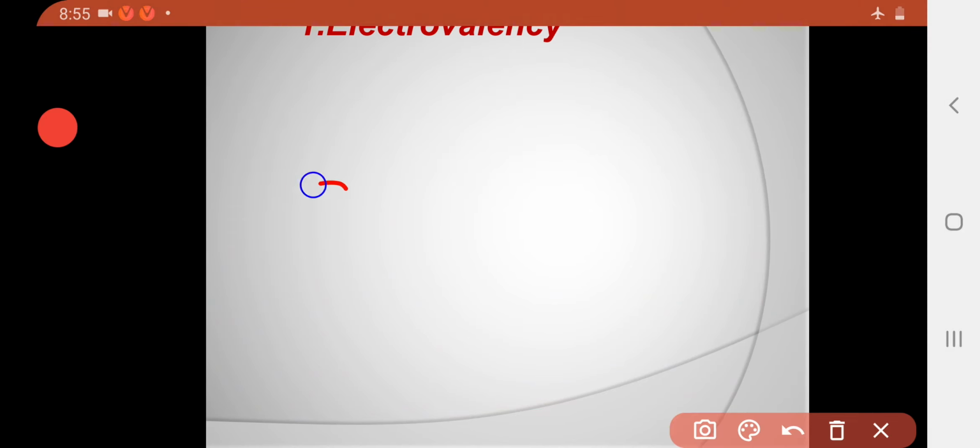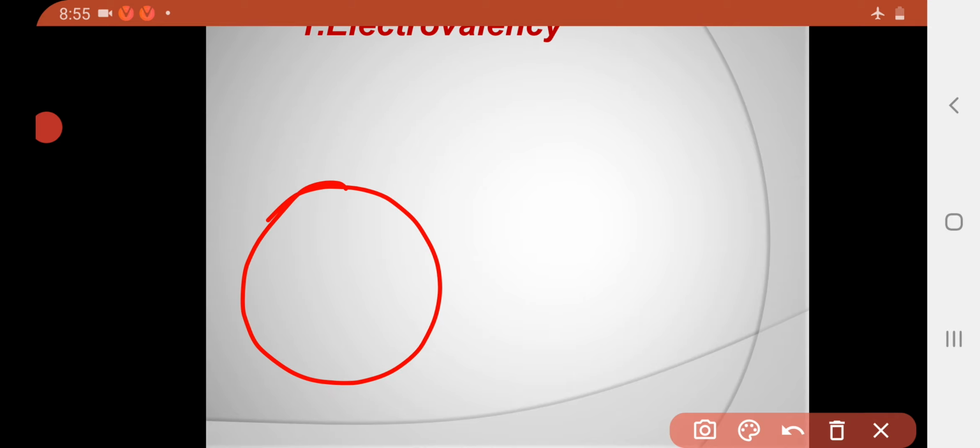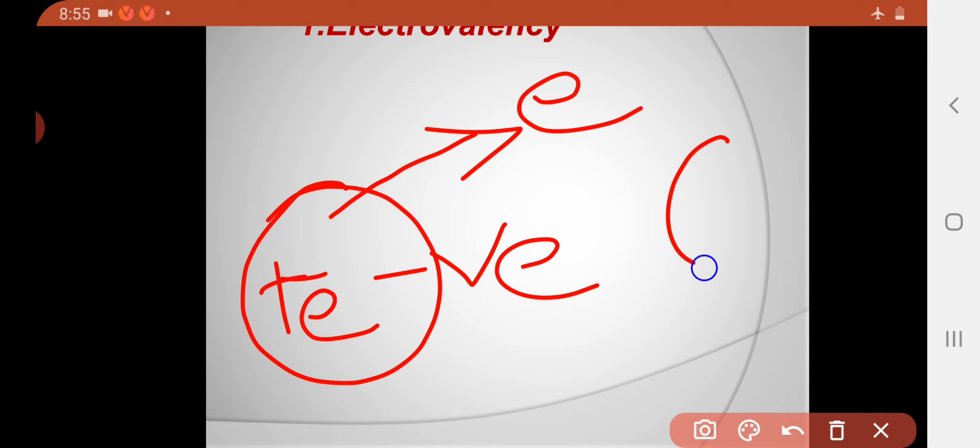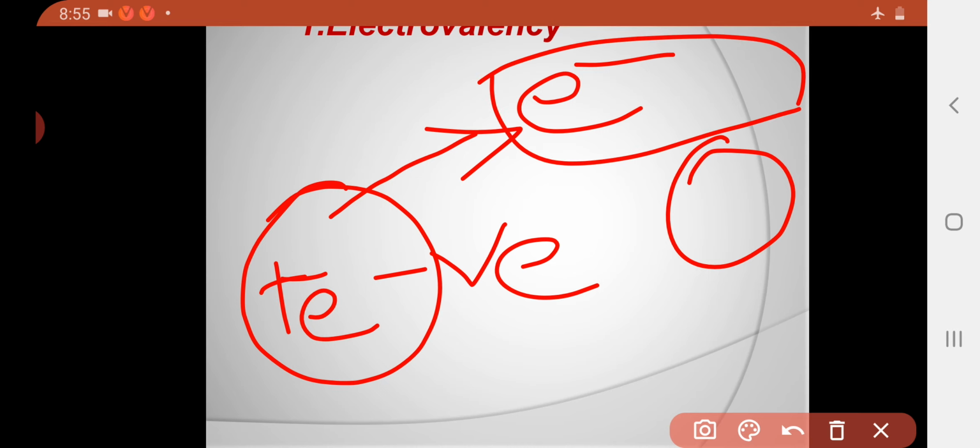When an atom is there, it is neutral because the positive charge and negative charge are equal, right? So when this atom gives an electron to another atom, the negative charges decrease, which means the atom gets a positive charge.